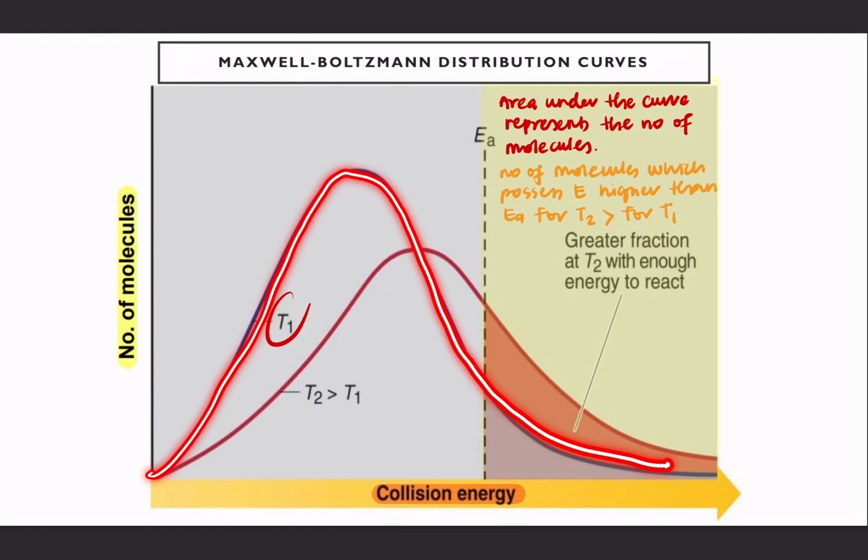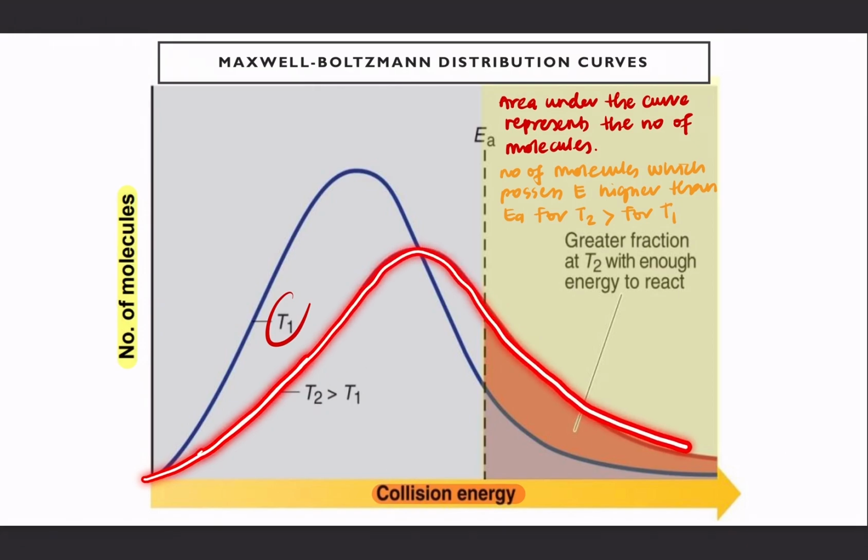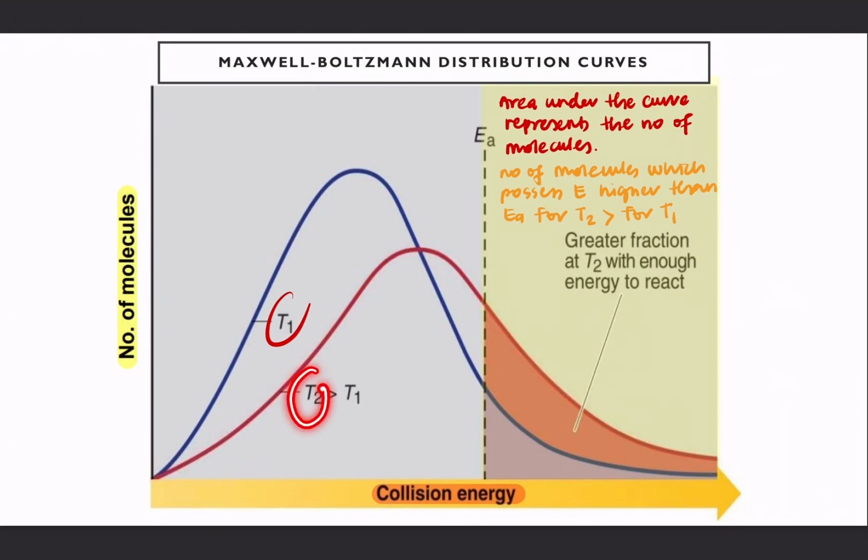The blue curve here is the curve of energy distribution for your molecules at temperature T1. And the red curve is for temperature T2, where T2 is higher than T1. If you look at the area under the curve, it represents the number of molecules.